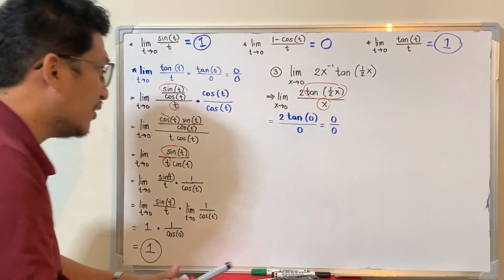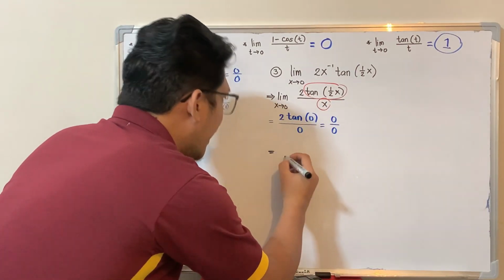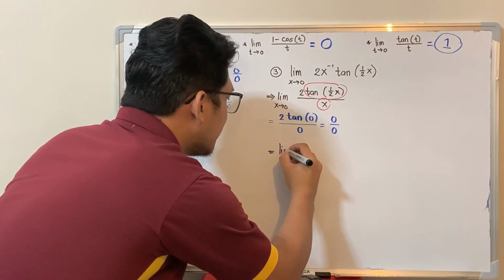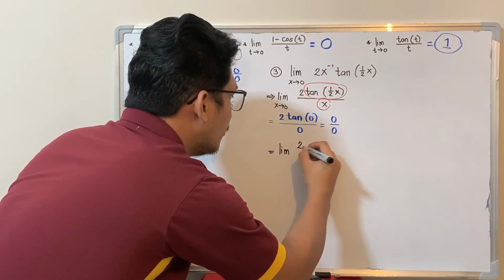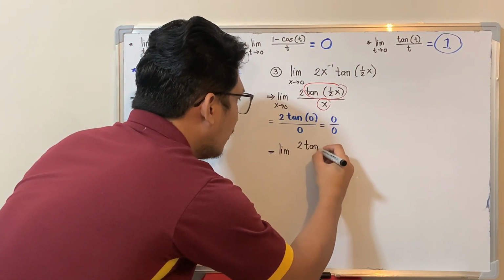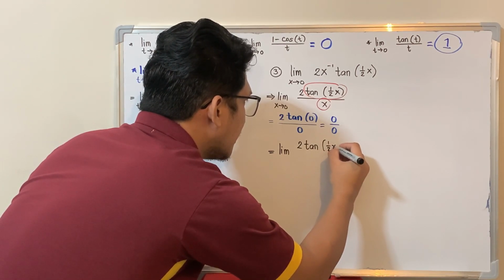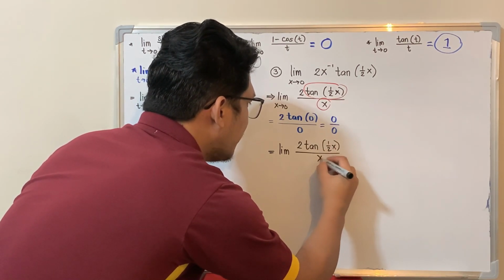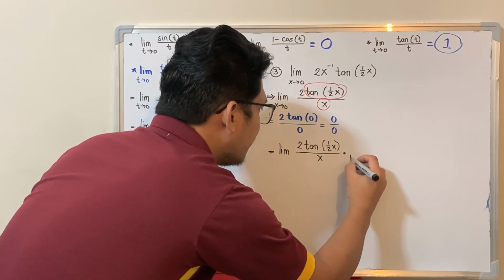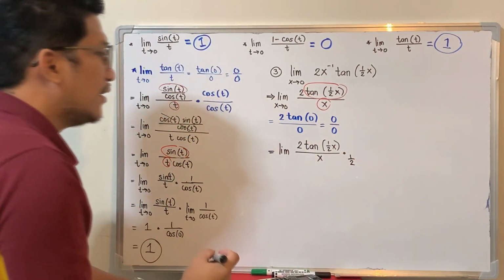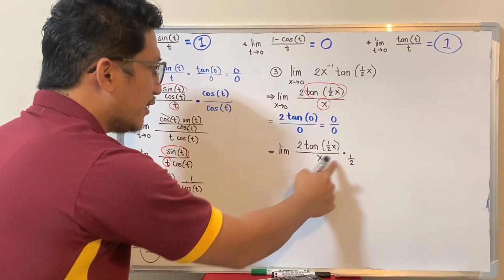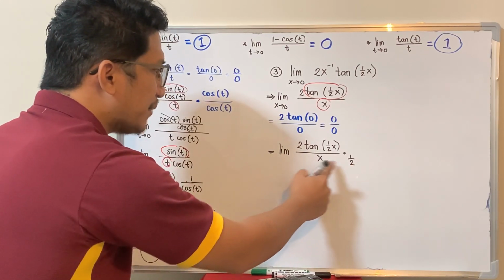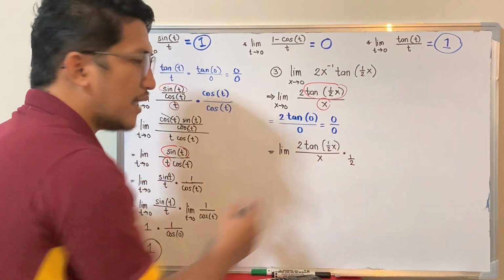So, kanina itong style. Meaning, I can just say that the limit of 2 tangent of 1/2 x all over x should be multiplied by 1/2 in the denominator. Siyempre, aron nga 1/2 times x, may mo siyang 1/2 x, papareho na sila.